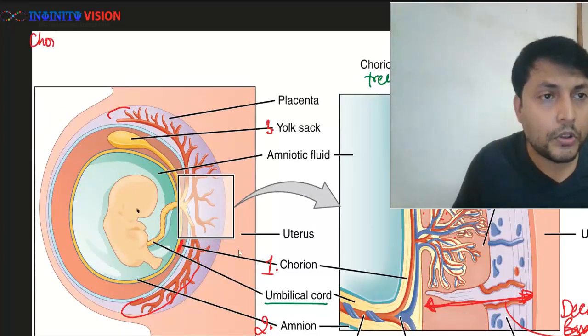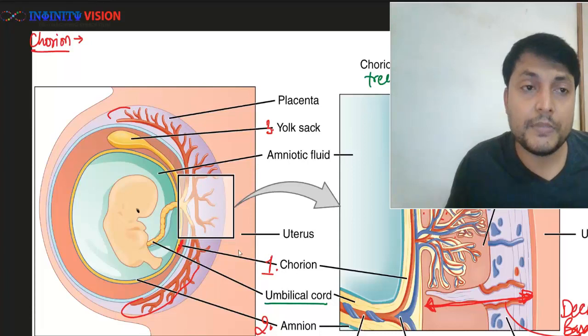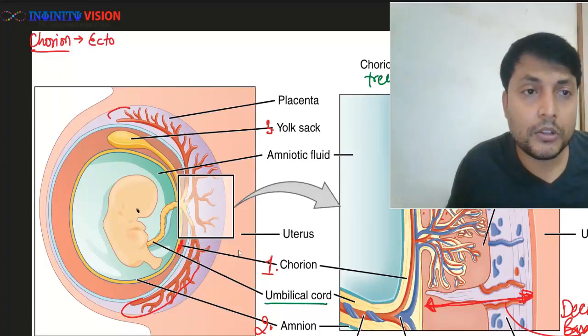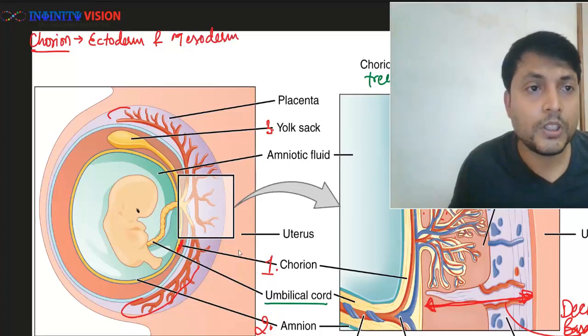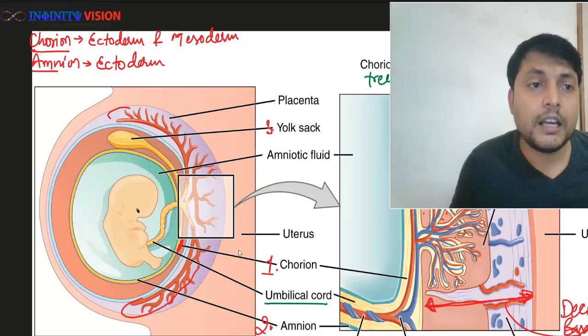If we are talking of chorion, which is the outermost extra embryonic membrane, it is made up of ectoderm and mesoderm. If we are talking of amnion, it is made up of a single layer of ectodermal cells.